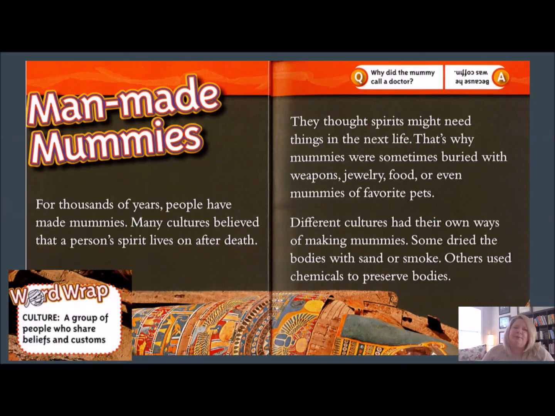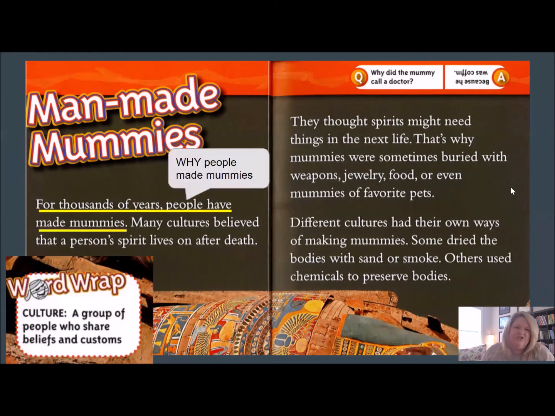Okay, I'm going to stop right there because those lines at the start of this section already give me a good idea of what this part might be about. So I think it has something to do with why people made mummies. Now, let's see what the text features on this page might tell us. So looking at the text features box, I notice that there's a word in the word wrap, and it's culture.